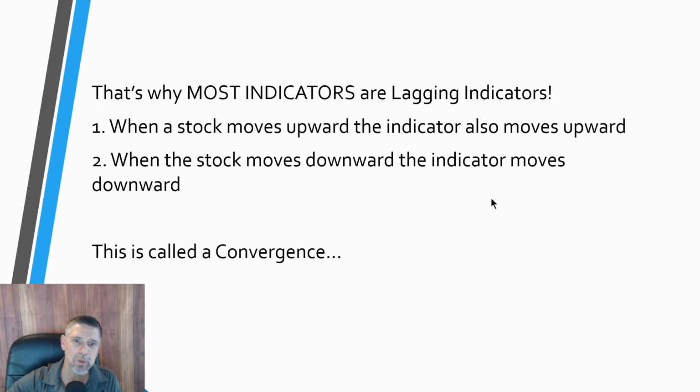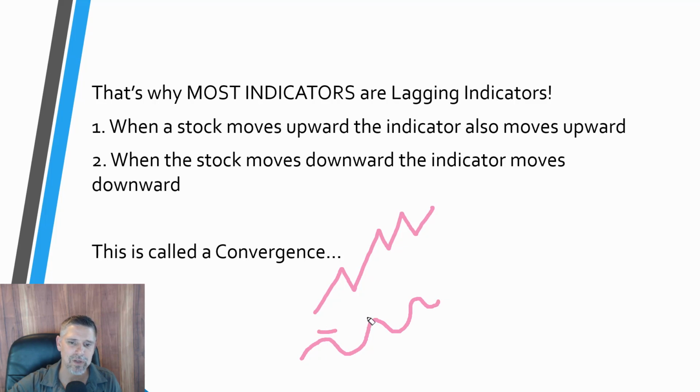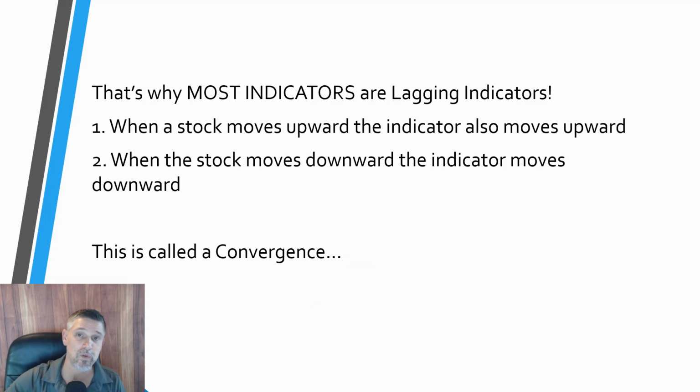So when a stock is moving upward, the indicator also moves upward. So, for example, if price is making higher highs and higher lows, we would expect the indicator to be doing this, right? The highs are getting higher, and the lows are also getting higher. Pretty standard stuff. For those of you that have been in the trading world, you know exactly what I'm talking about.